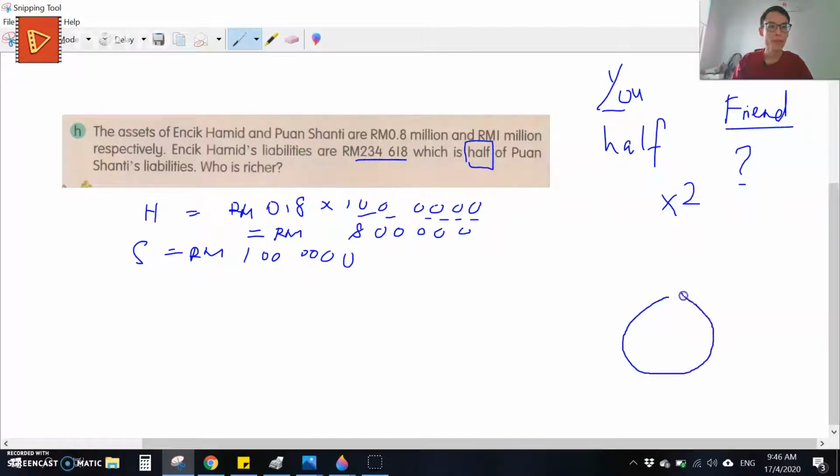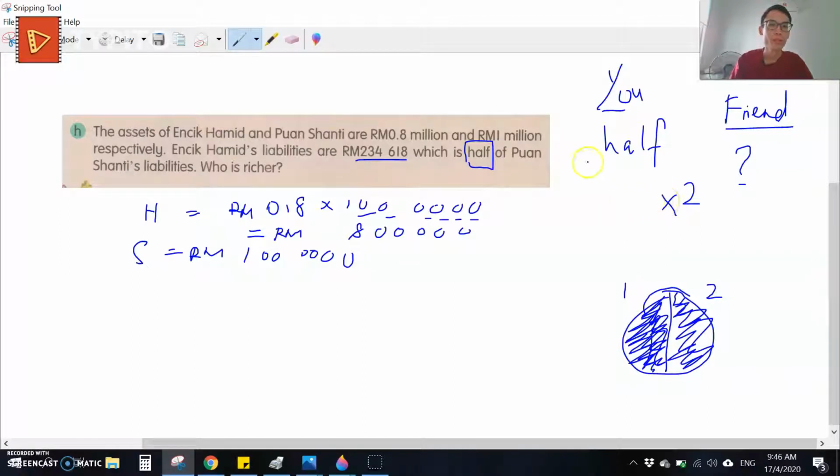Okay, because if I have a pizza here, and if I have half here, and you have the whole pizza, you can see there are 2 parts here. 1 part, 2 parts. So if you only have half, you times 2, then you'll get the whole pizza.